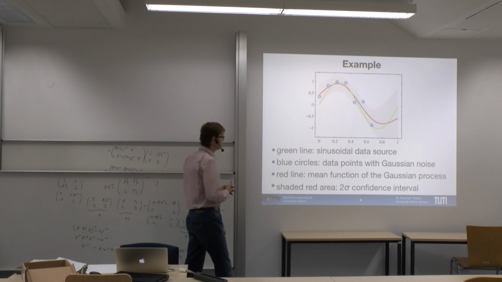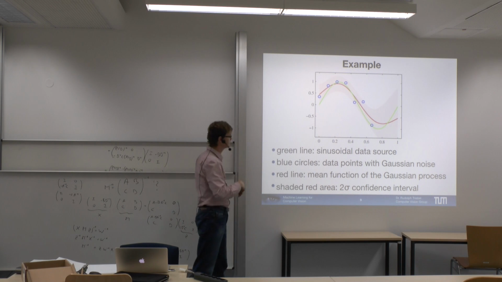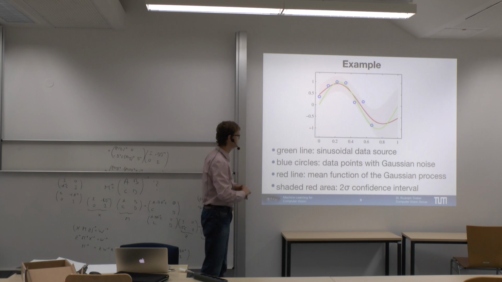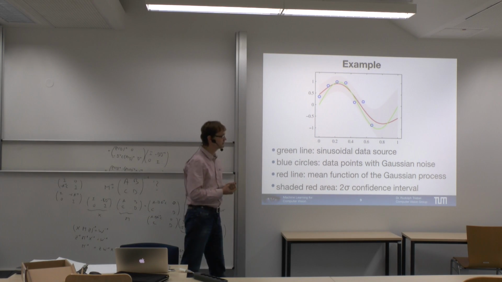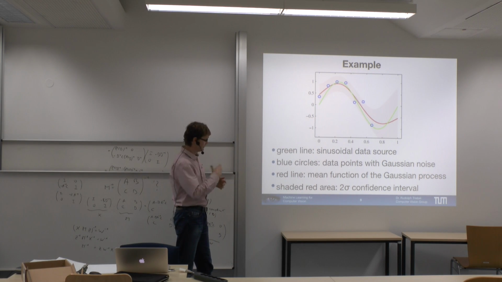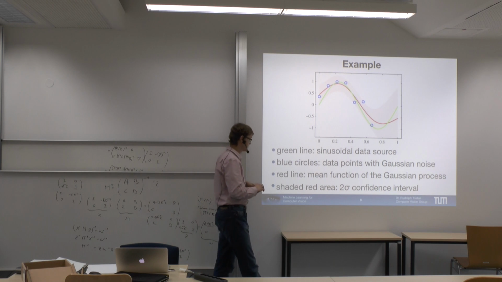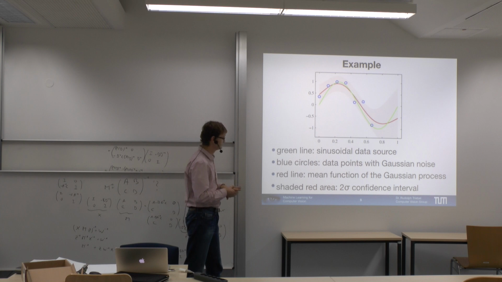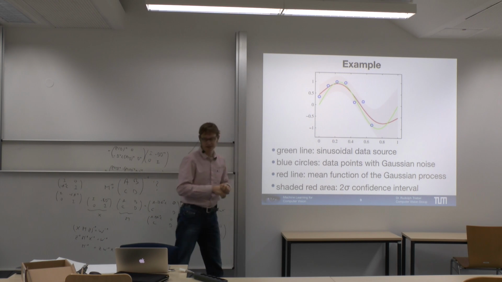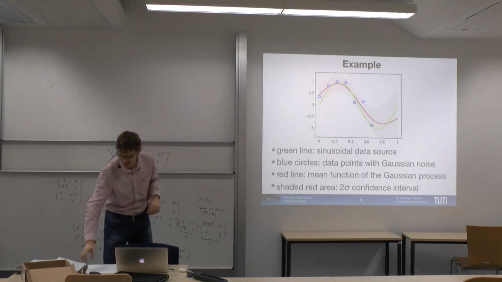Let's start with a small example. Here we have some artificial data set. The green line is the ground truth data, a sinusoidal data source. From that data source, there are some samples, the blue circles, and there's some Gaussian noise added to this data.